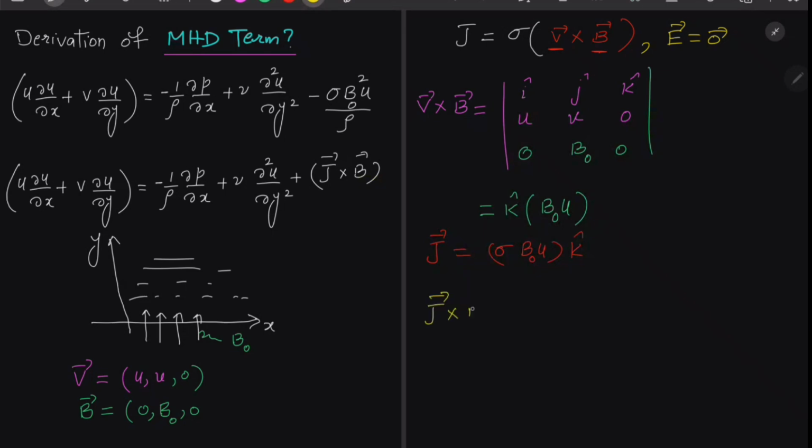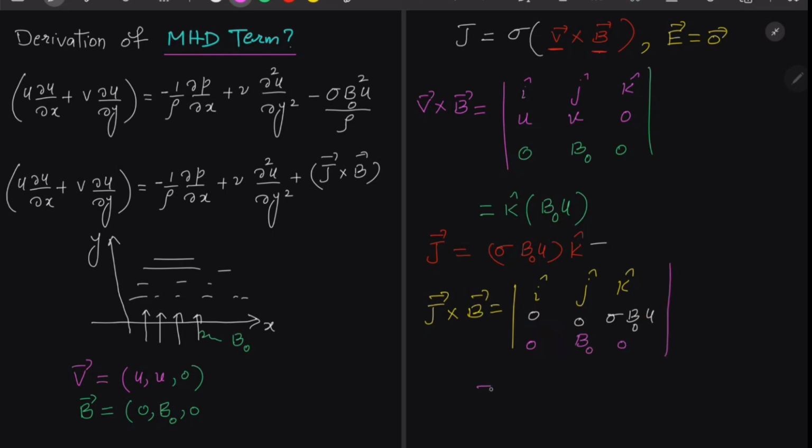J cross B will be equal to the determinant of i, j, k unit vectors, and J we already derived earlier, which is 0, 0, sigma B naught u, and we also have the magnetic field vector 0, B naught, 0.